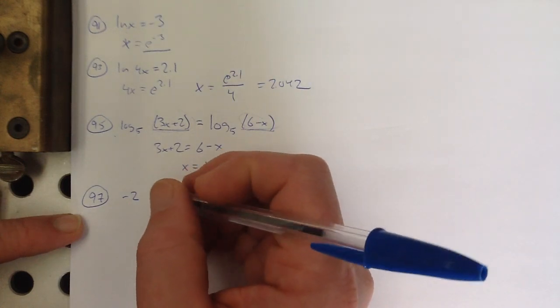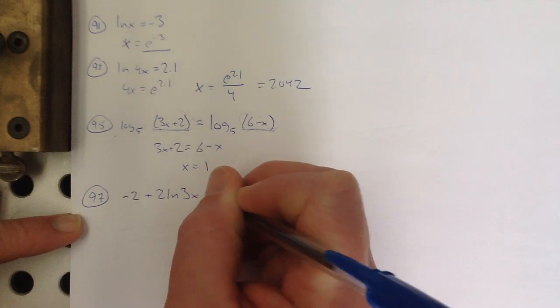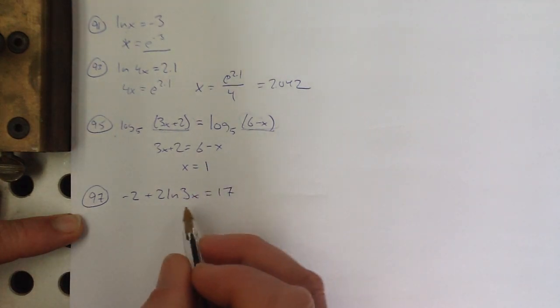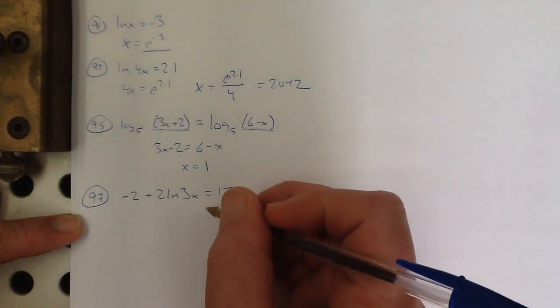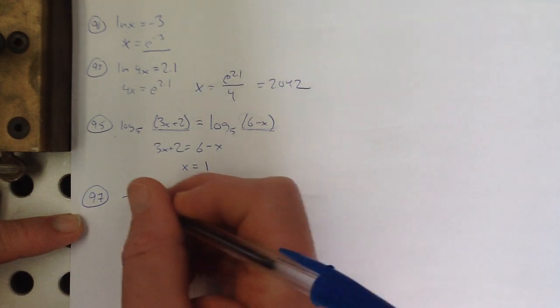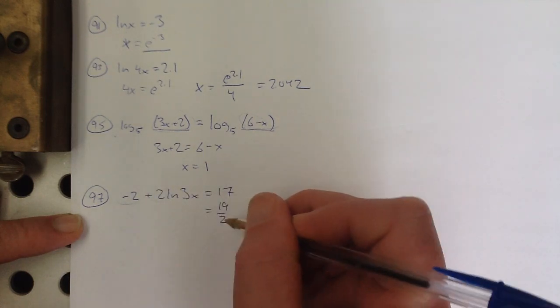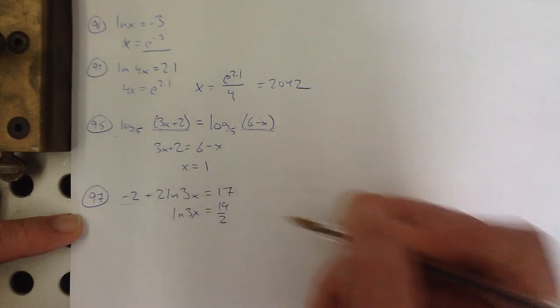Number 97, negative 2 plus 2 natural log 3x equals 17. So a little bit of algebra first. Going to add that 2 over here and then divide by 2. So adding the 2 over here gives me 19, and then I'm going to divide by 2. That's just like baby algebra stuff.